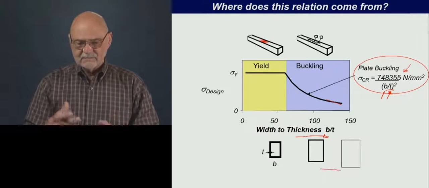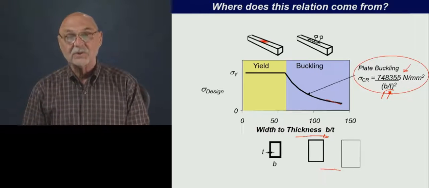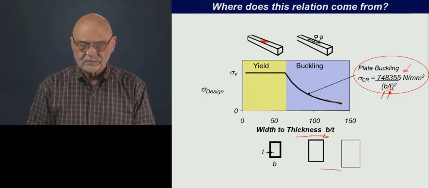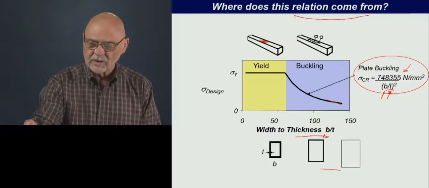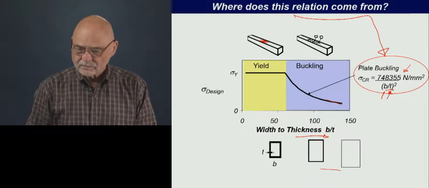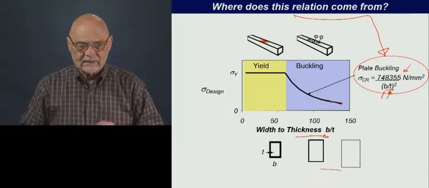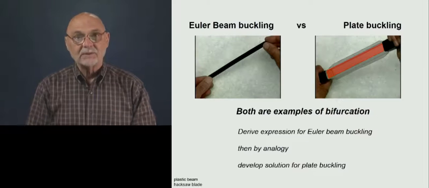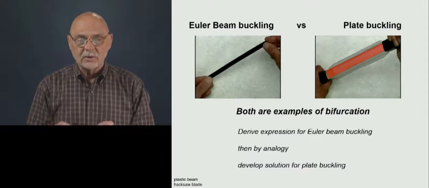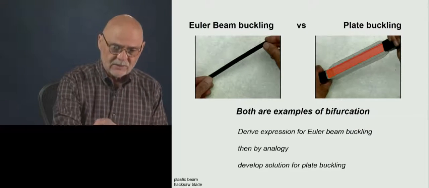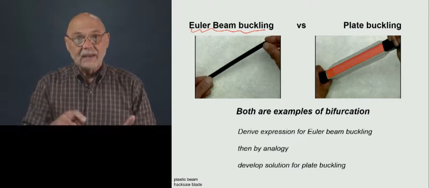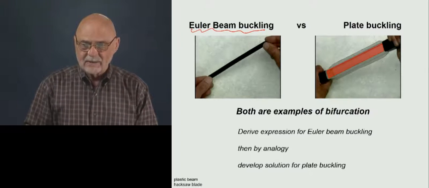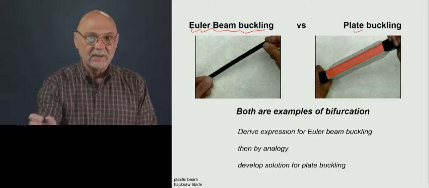These are just graphically the proportions that we'll see on the sections. So where does this relationship come from? We're going to start on that little journey right now, and it's actually a pretty complex derivation. So what we're going to do is look at a simpler case, and then by analogy, extrapolate that to the plate buckling case.